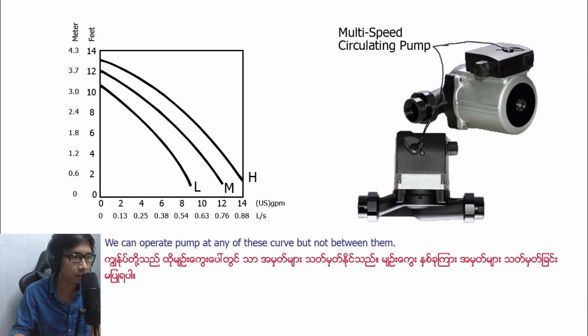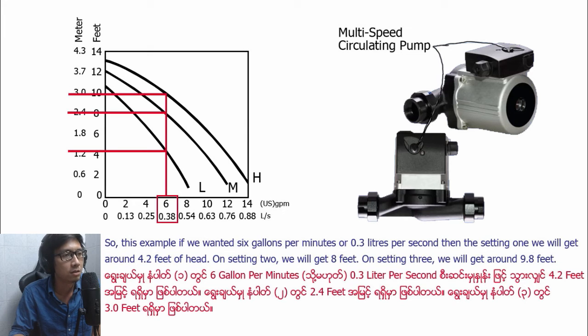We can operate the pump at any of these curves, but not between them. In this example, we want 6 gallons per minute or 0.3 liters per second. On setting 1, we will get around 4.2 feet of head. On setting 2, we will get 8 feet. On setting 3, we will get around 9.8 feet.